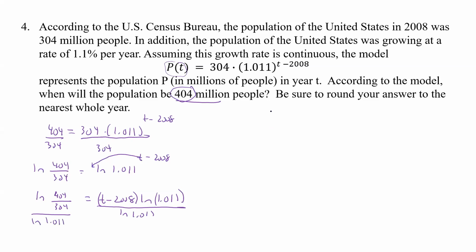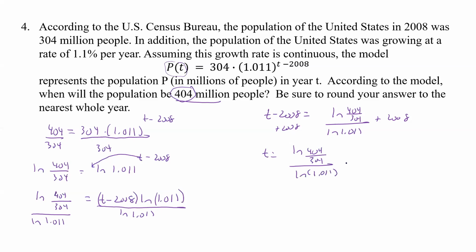And so now we have t minus 2008 equals ln of 404 over 304 divided by ln of 1.011. Now I need to get rid of the 2008, so I'm going to add 2008 to both sides. And so t is equal to ln of 404 over 304 over ln of 1.011 plus 2008. So now I need to plug that into my calculator.